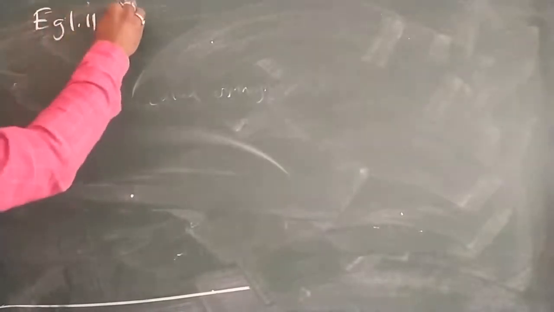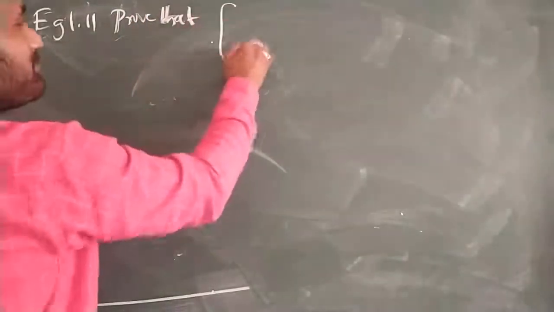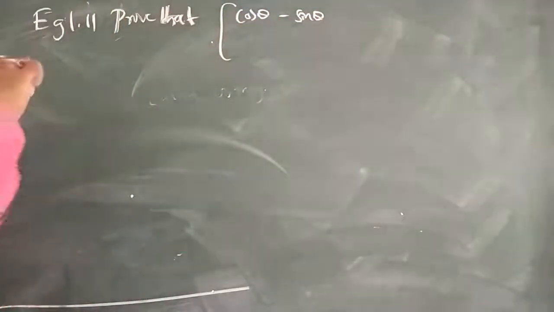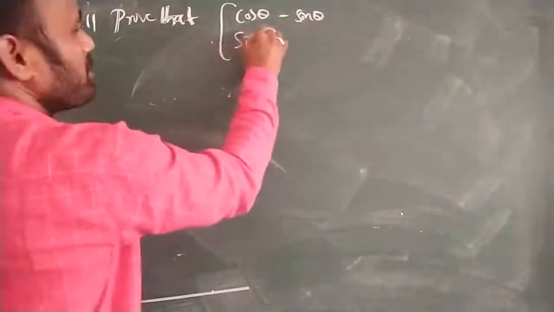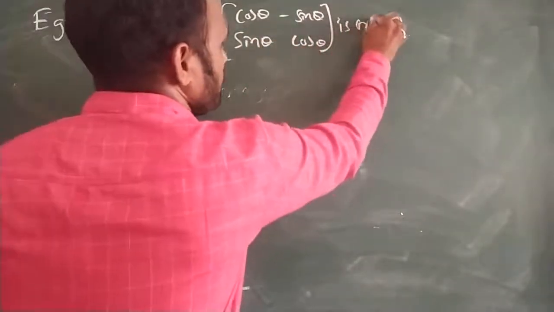Example 1.11, prove that the matrix with entries cos theta, minus sin theta, and cos theta is orthogonal.